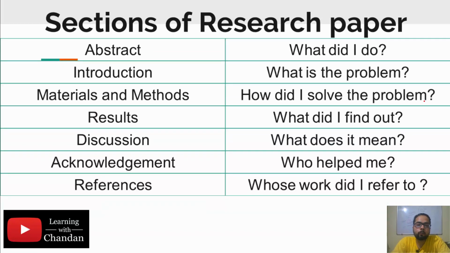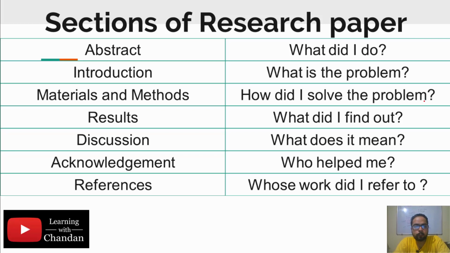Now, what does each section of a research paper tell you? In the abstract, we tell the reader what I did. In the introduction, we tell what the problem is. In the materials and methods, we tell how I tried to solve the problem. In the results, we tell what I found out.